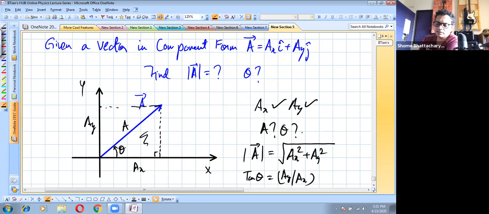Then we saw that given the magnitude and the angle, how to find the components. So this is the interchangeability. You know the vector in one form, you can interchange it to the other form. Okay, people, so hope this formula is clear.